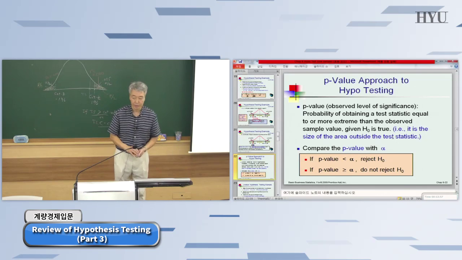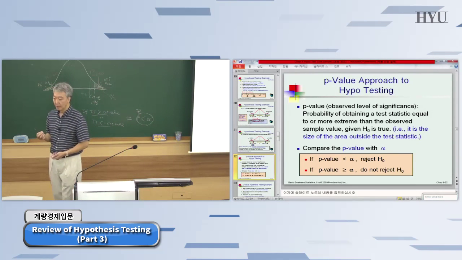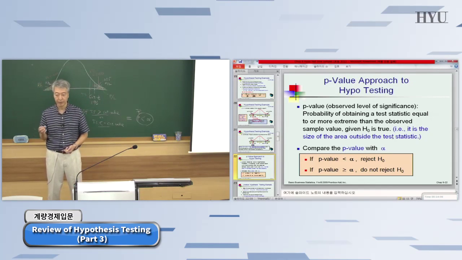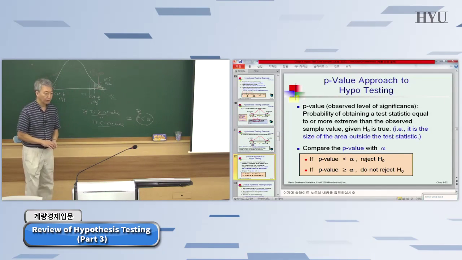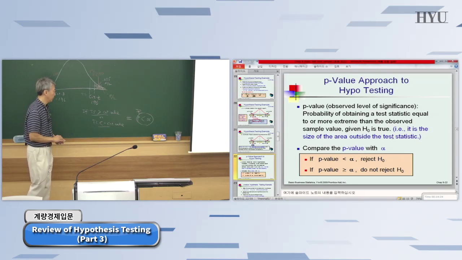So we are selecting a sample, and since we are making the conclusion based on the sample outcome, you have to allow a certain percentage of error, the probability of error. And it's up to you whether you want to accept a 1% possibility or a 5% possibility.